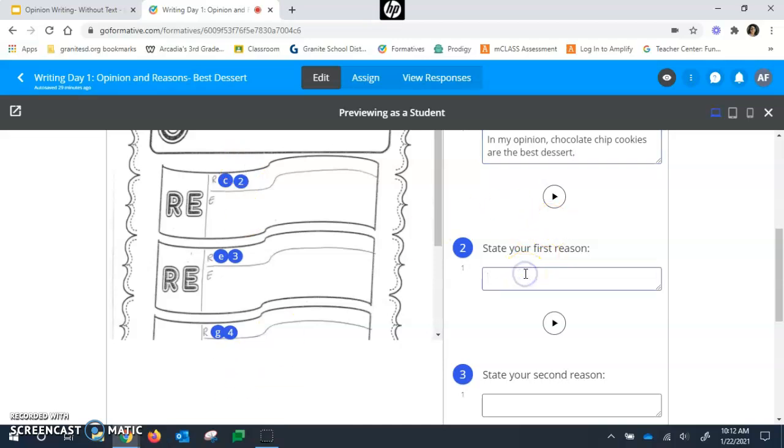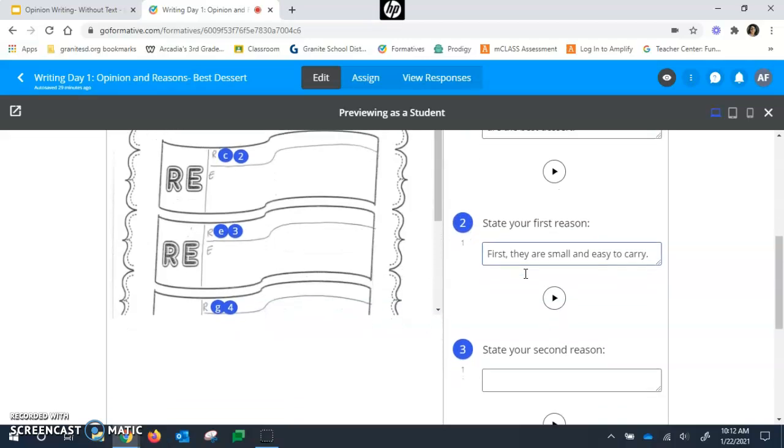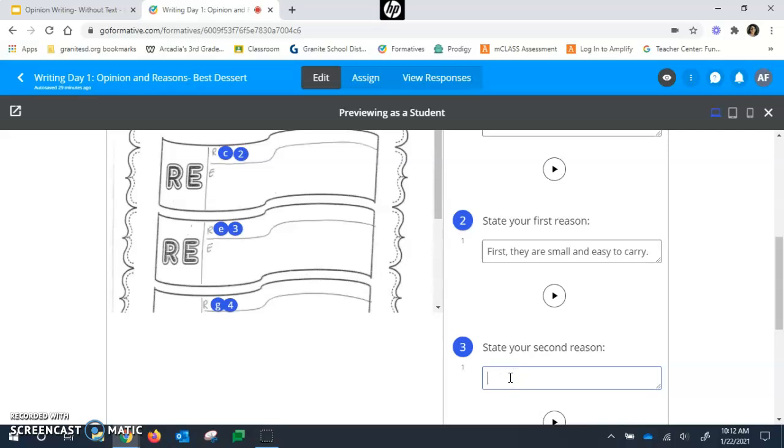So we can start with our transition word first. First, they are small and easy to carry. Very simple, one sentence as to my first reason. My second reason is second, they are delicious.